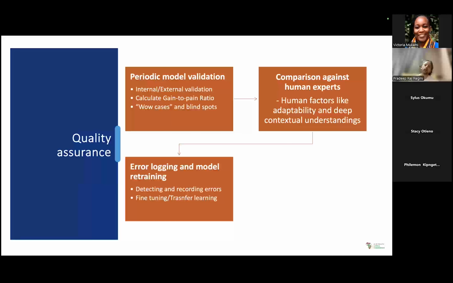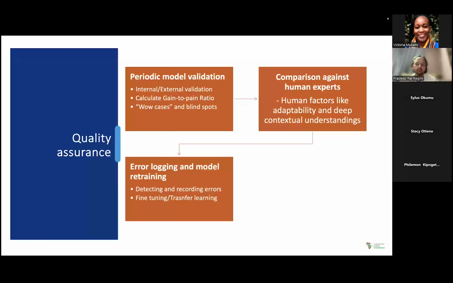So how do we assure the quality of clinical interpretation of AI? Through periodic model validation, and the blind spots or unique cases can be separately pulled up so that the AI model can learn during the process, and regular comparisons against human experts can be done.